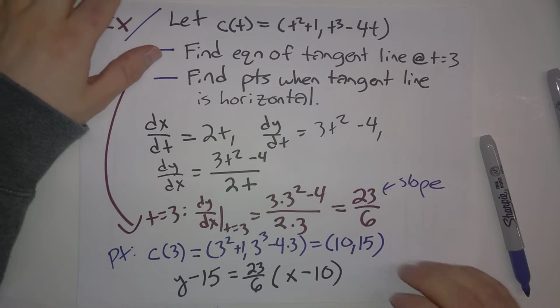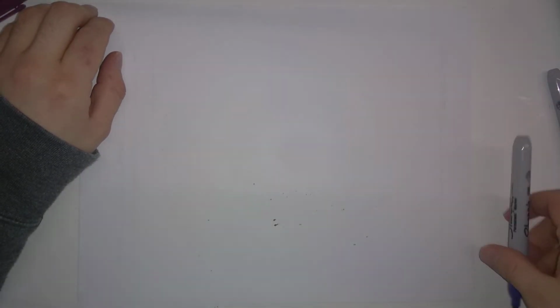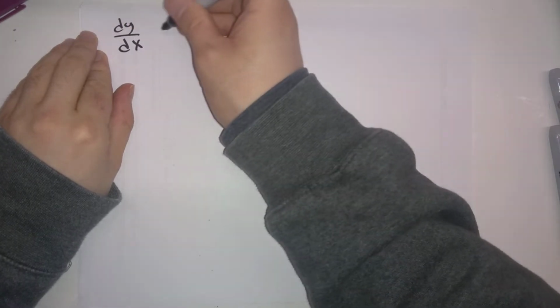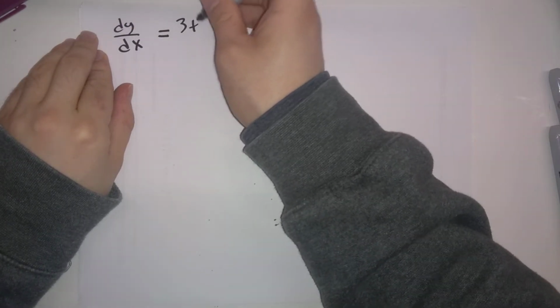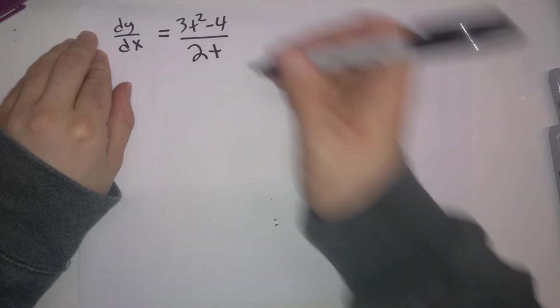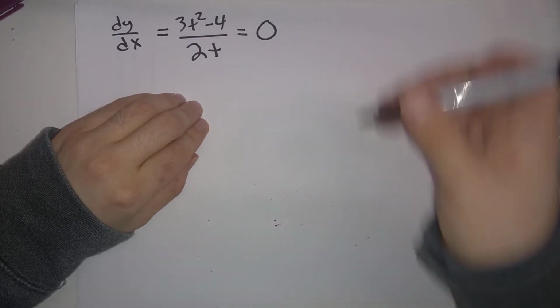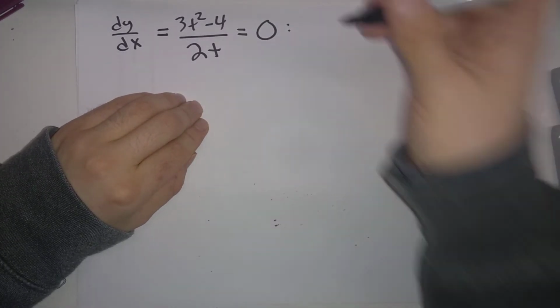Now let's find points when our tangent line is horizontal. And so to do that, how do we know we have a horizontal tangent line? That's when our derivative is equal to 0. So dy dx, from the previous slide, I'm just recopying this, 3t squared minus 4 divided by 2t. And we want to set this equal to 0. And what do we end up with here?